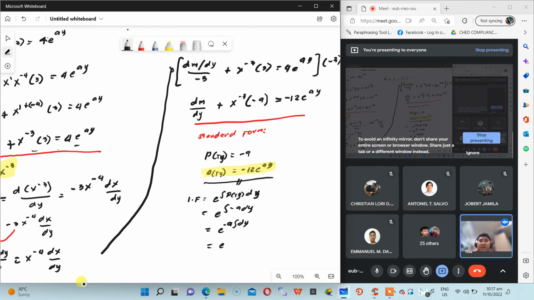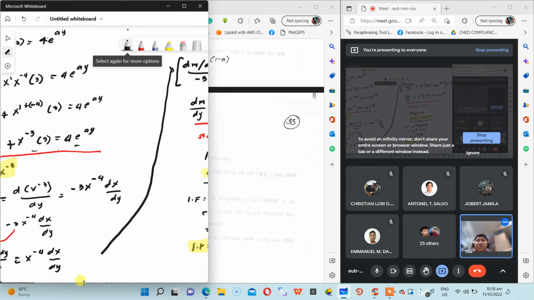Therefore, that is e raised to the power of negative 9y. That is our integrating factor, and we now have the three values that we need in order to solve for our general solution.